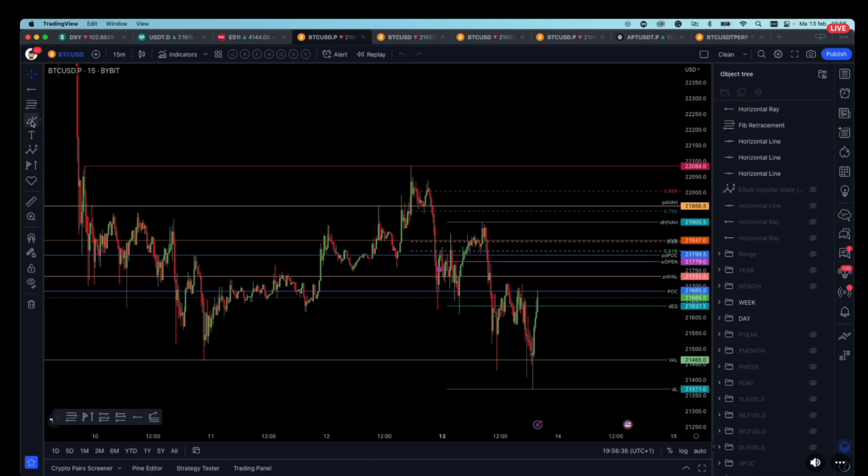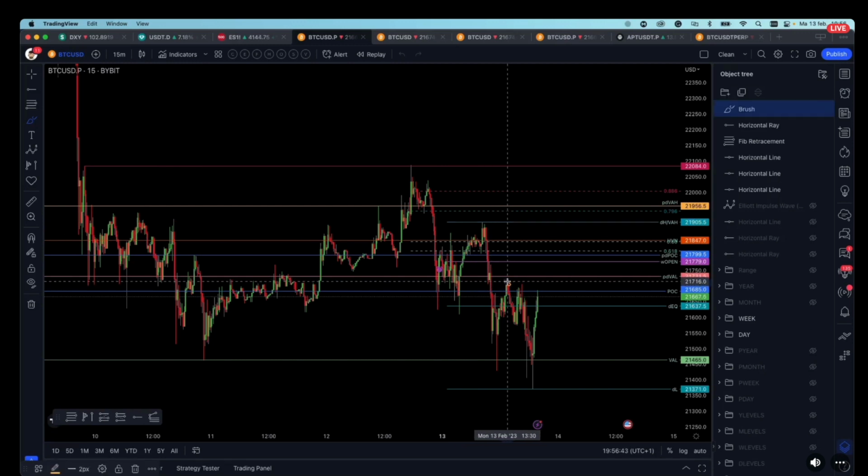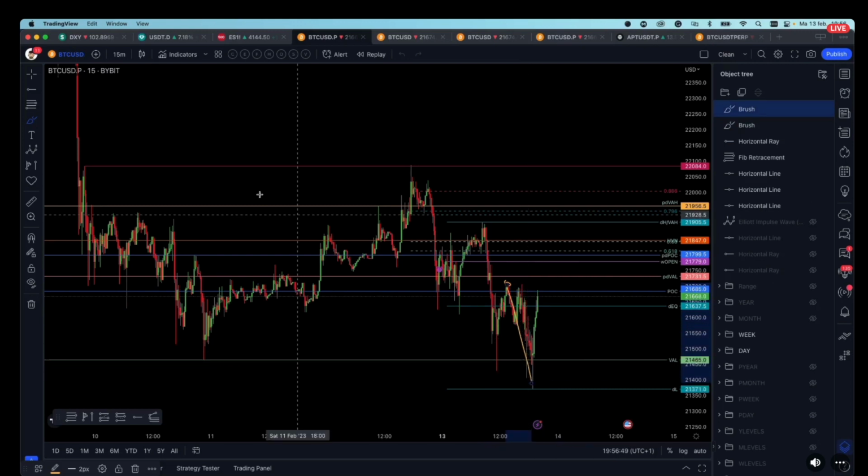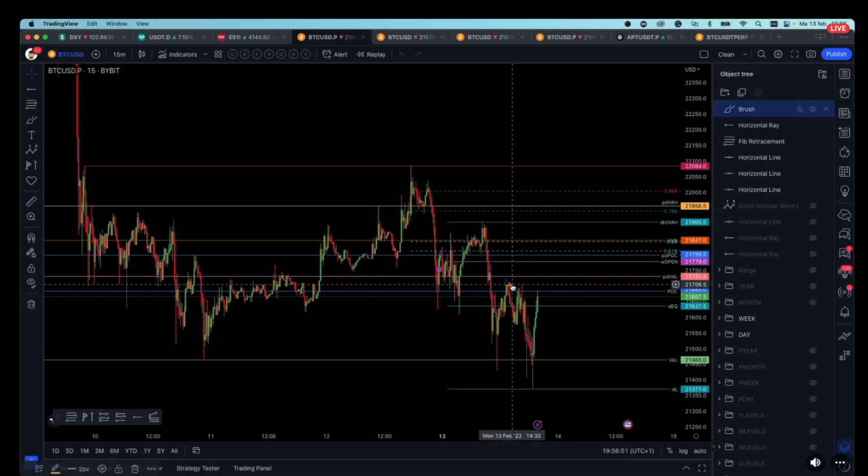All right, so on a 15-minute time frame, I'm looking to take out this high, because that is the lower high that actually led towards the low. So for a break in market structure on a lower time frame, we should take out this high.